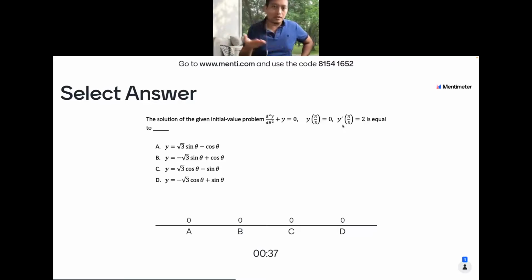You need to define whether there's alpha and how much is beta. And of course, we have initial values 0 and 2.